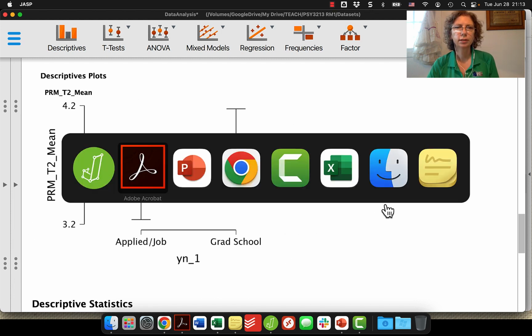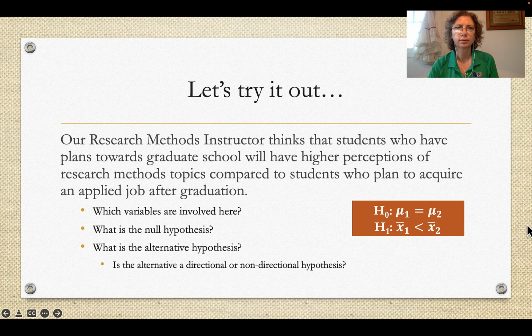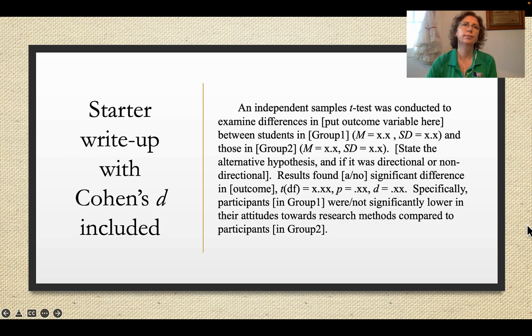Let's look at the write-up for this. So you can use this if you want. You don't have to. You need to make sure everything in your write-up has the information it needs: the test that was conducted, the variables involved, and the results, stats line, and your interpretive statement. But if you want to use this, you can. You would need to fill in the parts that are missing and make sure it makes sense.